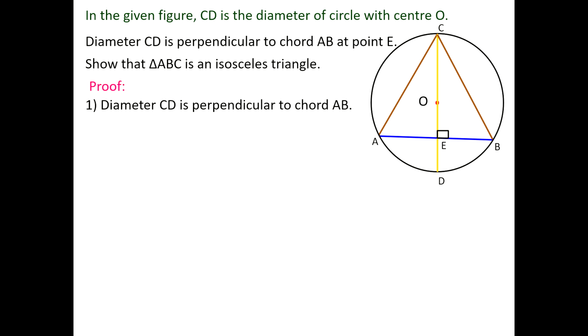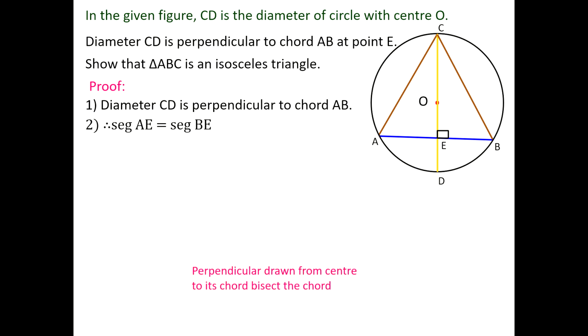As you know, CD is perpendicular to chord AB, which is given to us. Therefore, we can also say that OE is perpendicular to chord AB because C, O, E are collinear points, and O is the center of the circle. So OE is perpendicular to AB, and you know that perpendicular drawn from the center of a circle to its chord bisects the chord.